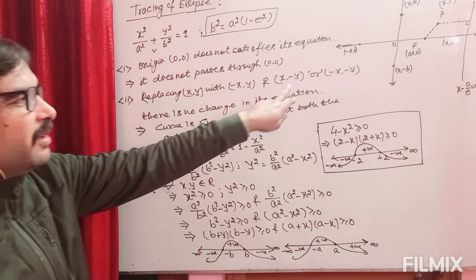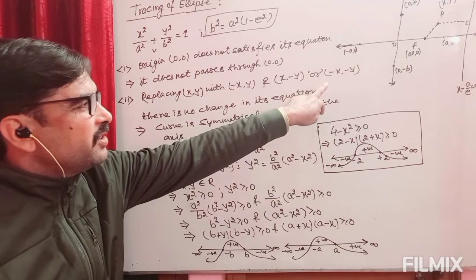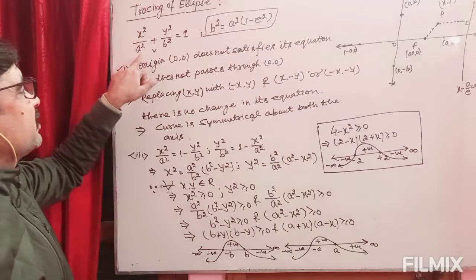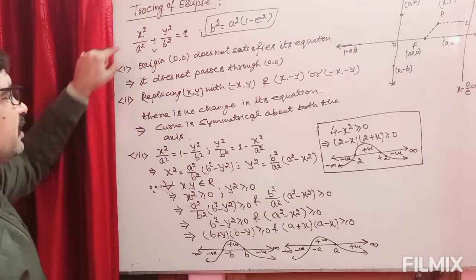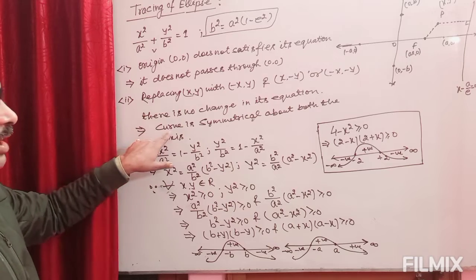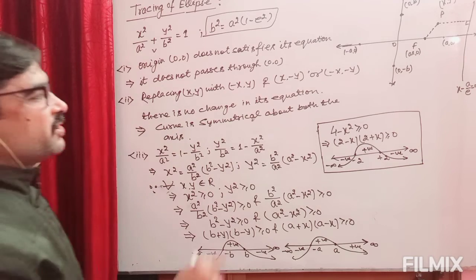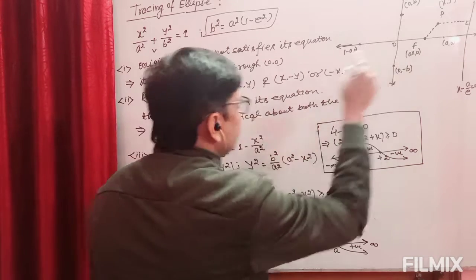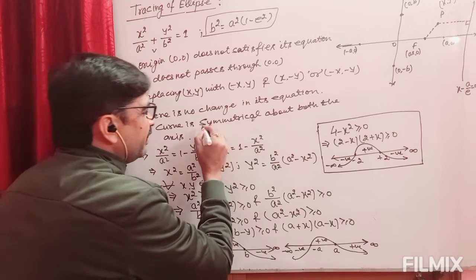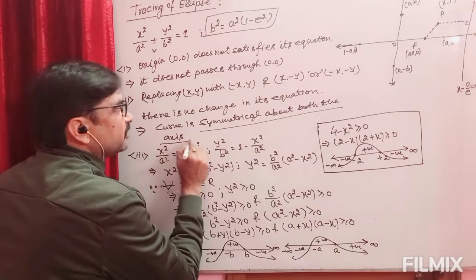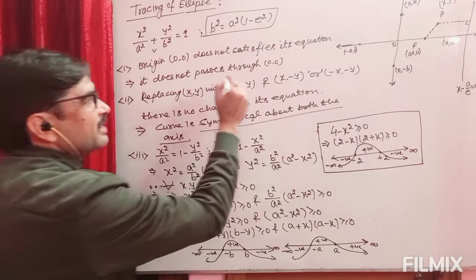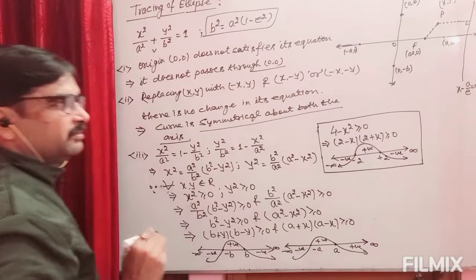Or directly combine them, you can say instead of x, y you put minus x, minus y, there will be no change in the given equation or the derived equation. Therefore the curve of this equation is symmetrical about both the axes. It does not pass through the origin.